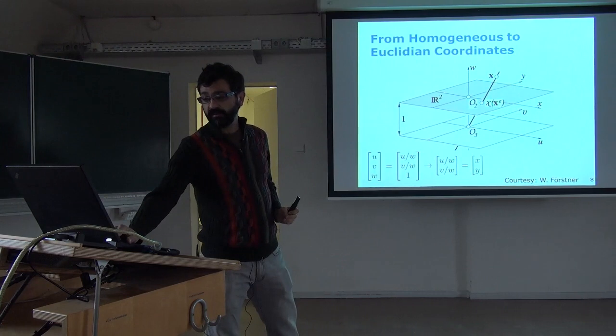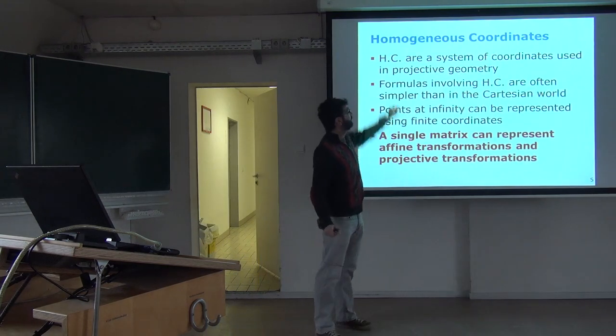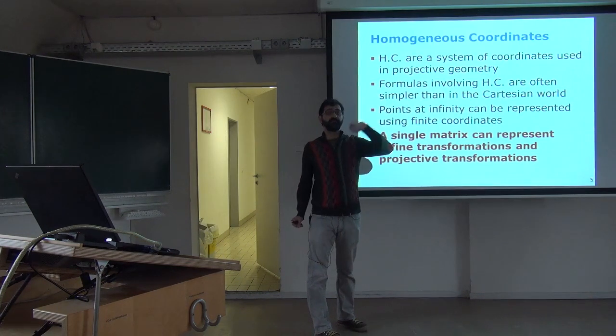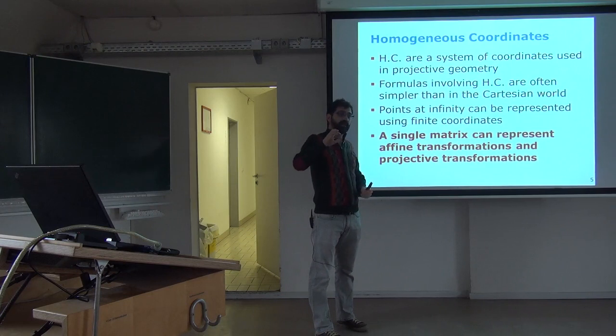In practice, we have coordinates defined like this, and we can define points at infinity in our space, and they will just be defined in a specific way because there will be just a ray that doesn't intersect any plane, if you see the image before.